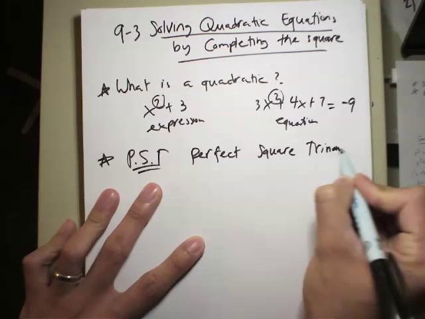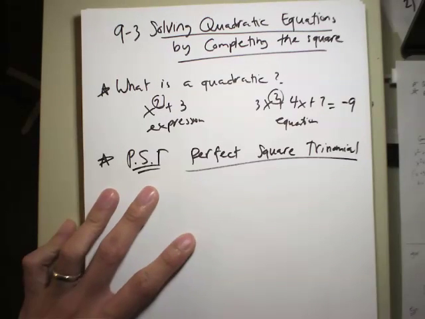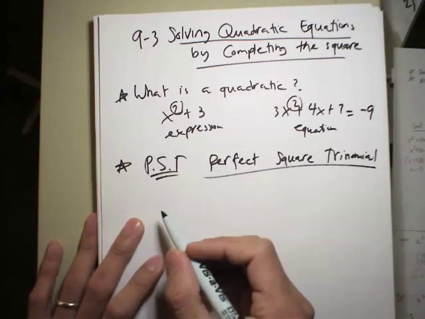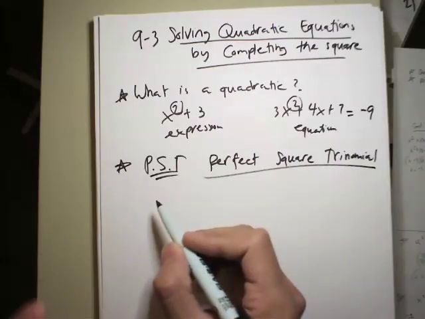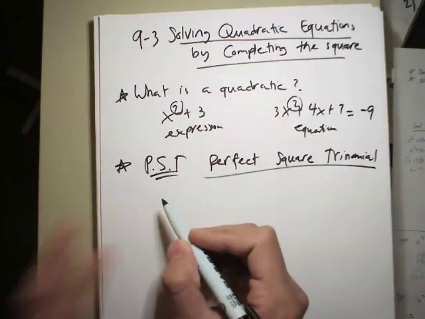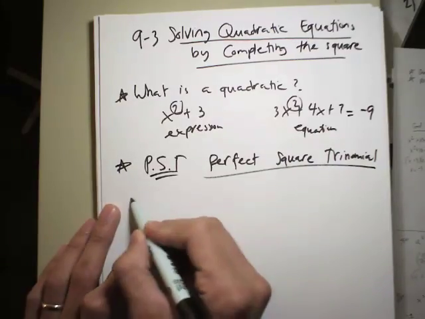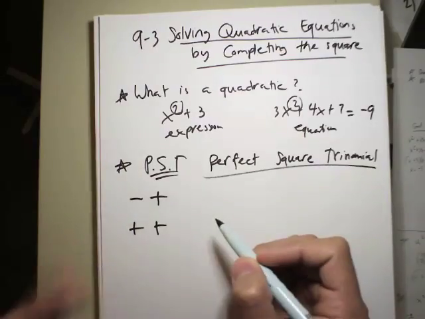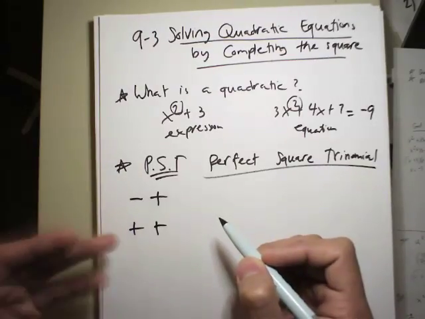Okay. Now, what is a perfect square trinomial? If you don't remember, let's take a look at this. Remember, our perfect square trinomial has to have specific patterns to it, and there are two distinct patterns. There is a minus plus pattern, and there's a plus plus pattern. We don't have any other patterns other than minus plus and plus plus.